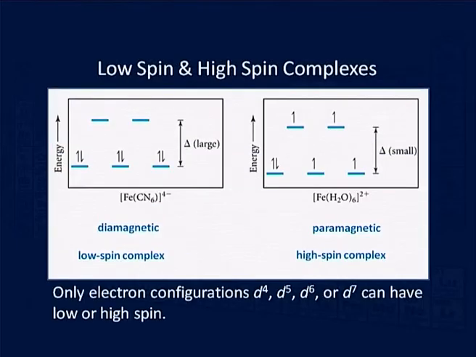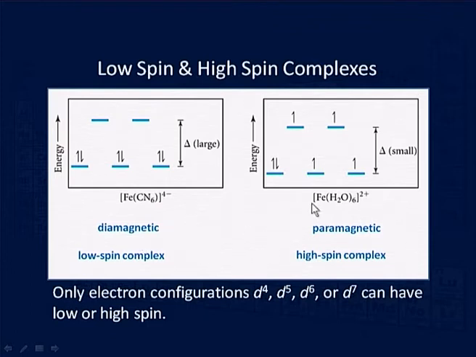Either it will get paired into the same orbital, or it will remain unpaired by entering the higher energy dx square minus y square and dz square orbitals. Depending upon this, two cases will be there: either you will have paramagnetism or you will have diamagnetism. Let us understand this by the example of iron complexes.